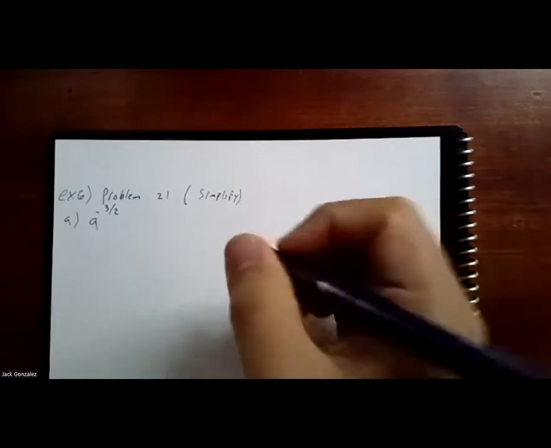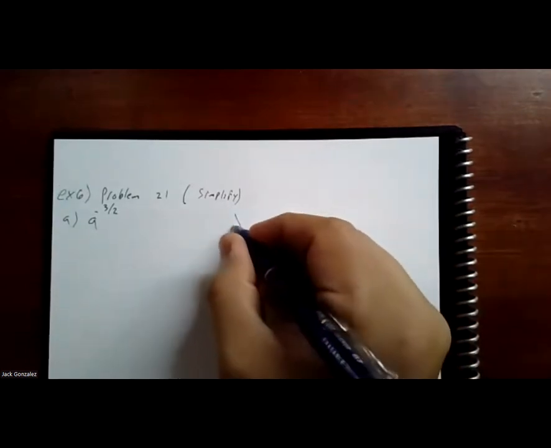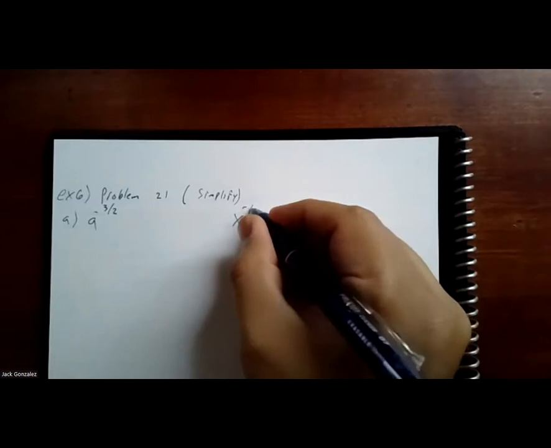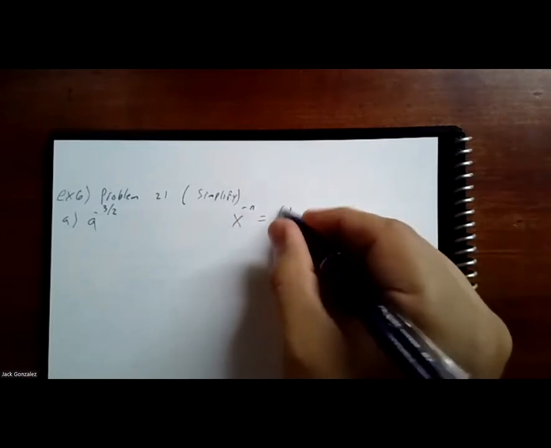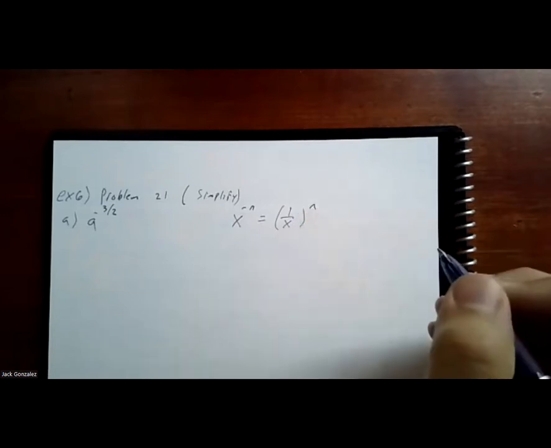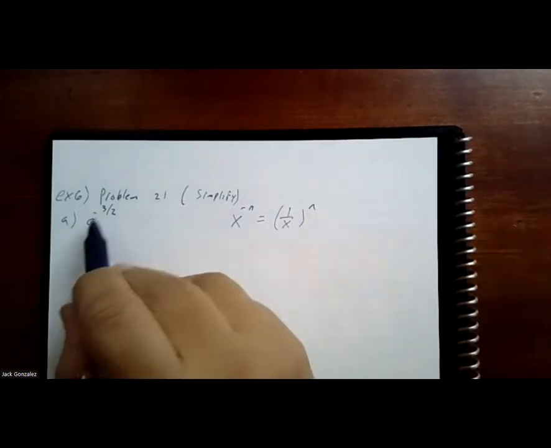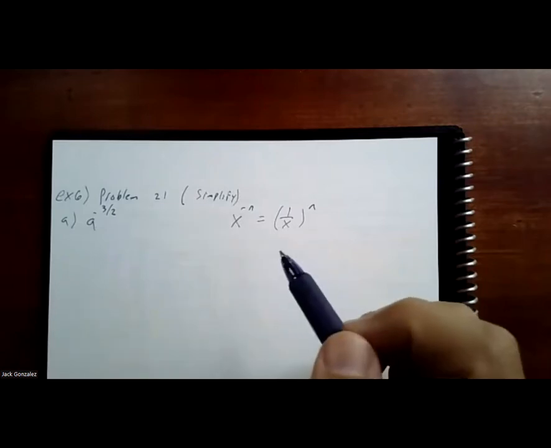You can write down a couple for you. X to the negative power is the same as 1/x to that power. So you can flip that over and then apply the power.